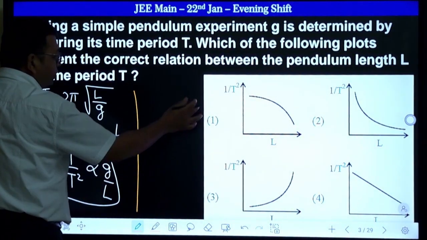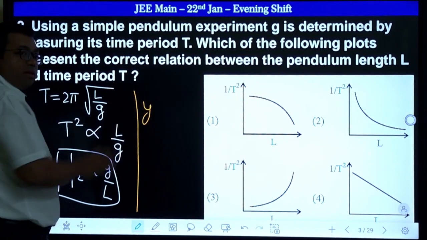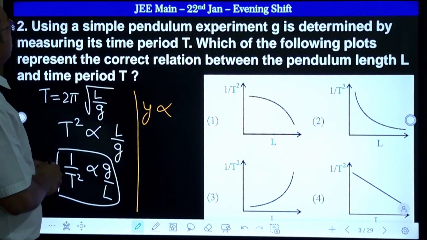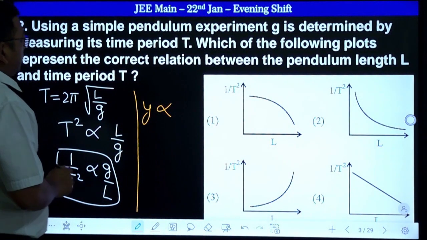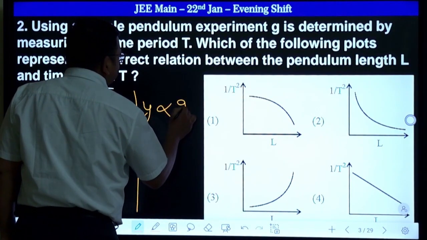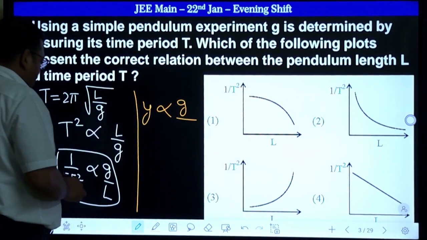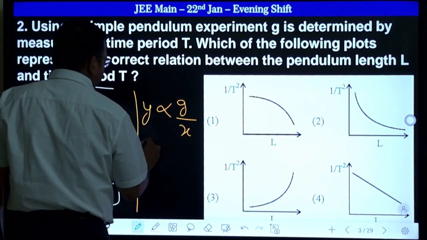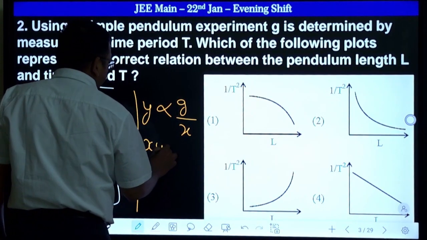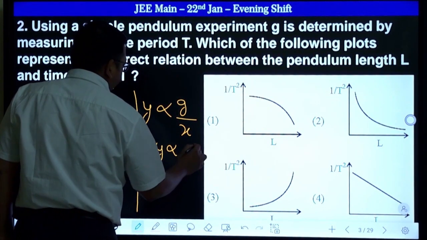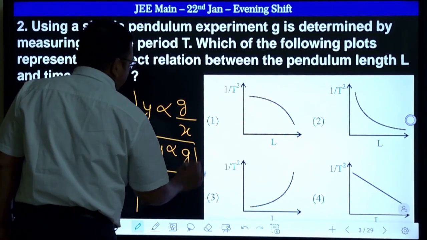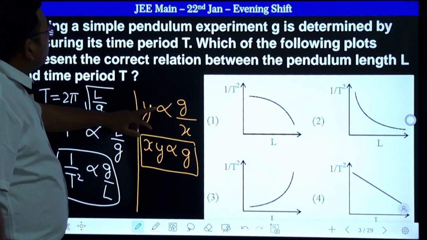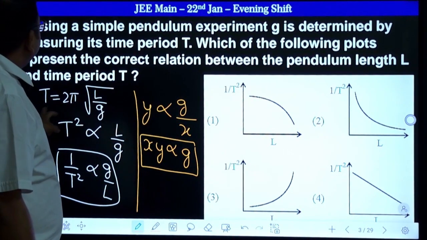So 1 by T square is like the y axis here, right? Proportional constant, right? Okay, let us keep G as it is, divided by L. L is like the x-axis, so you can take x into y is proportional to G, right? In this graph, which of the following plots represent the correct relation between the pendulum length L and time period?